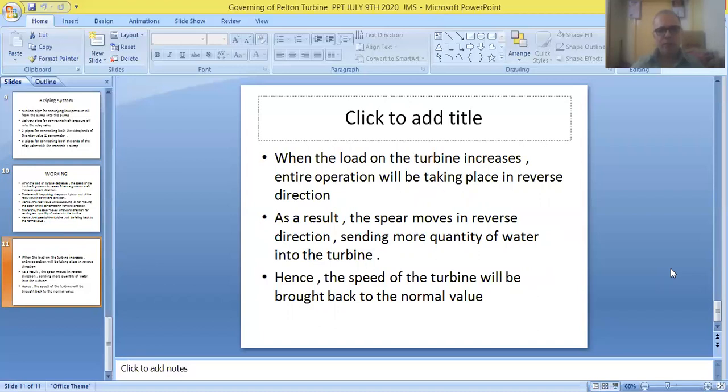Therefore, the speed of the turbine will rise and be brought back to the normal value. So friends, this is the arrangement of a governor used for controlling the operation of the Pelton turbine.